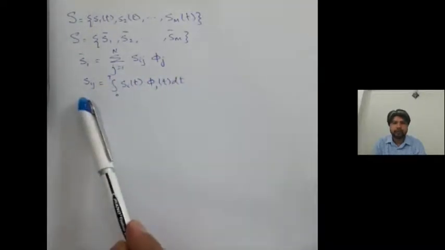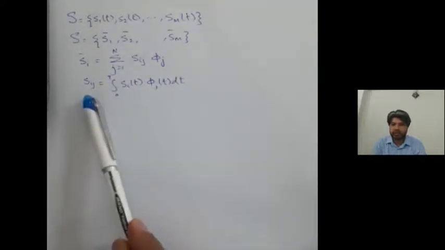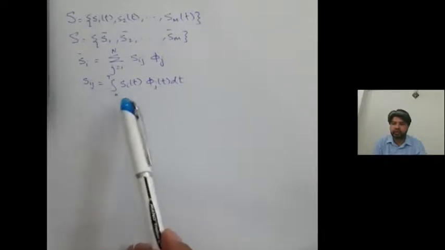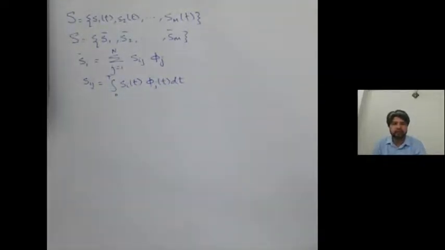So this sij can be represented as integral from 0 to capital T of si of t phi j of t dt.